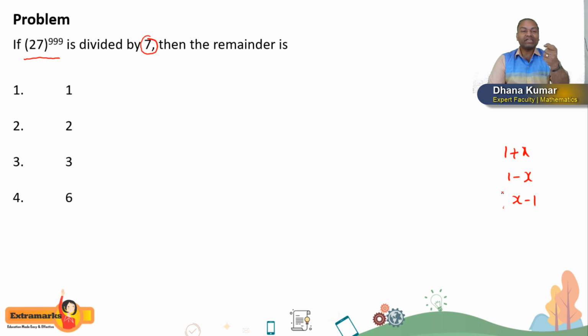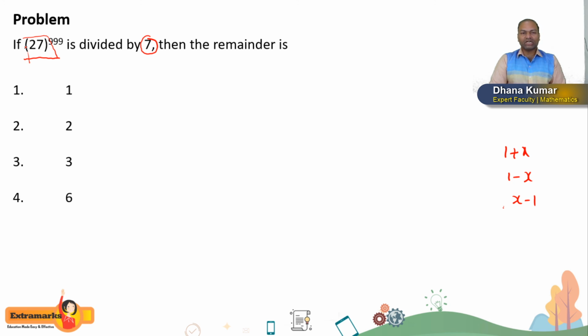Then only we can easily identify that one. Understood? Now base value first you write either in 1 plus x or 1 minus x or x minus 1 form, where x is either 7 or multiple of 7. Then we can easily simplify this one. Understood? Right. So let us come to this question. Base is what? 27.